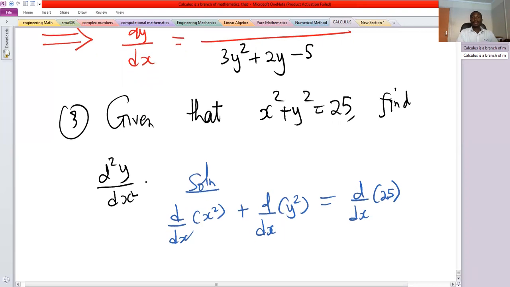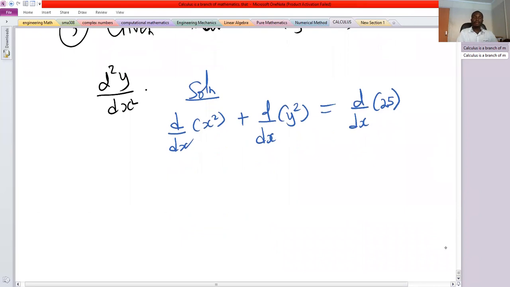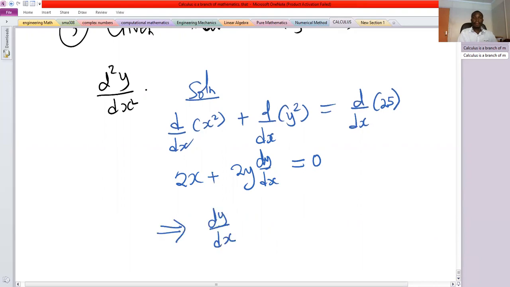Then d dx of x squared is 2x plus 2y, but dy dx must be attached to it, equals 0. So this means dy dx is the same as negative 2x over 2y, which is the same as negative x over y.